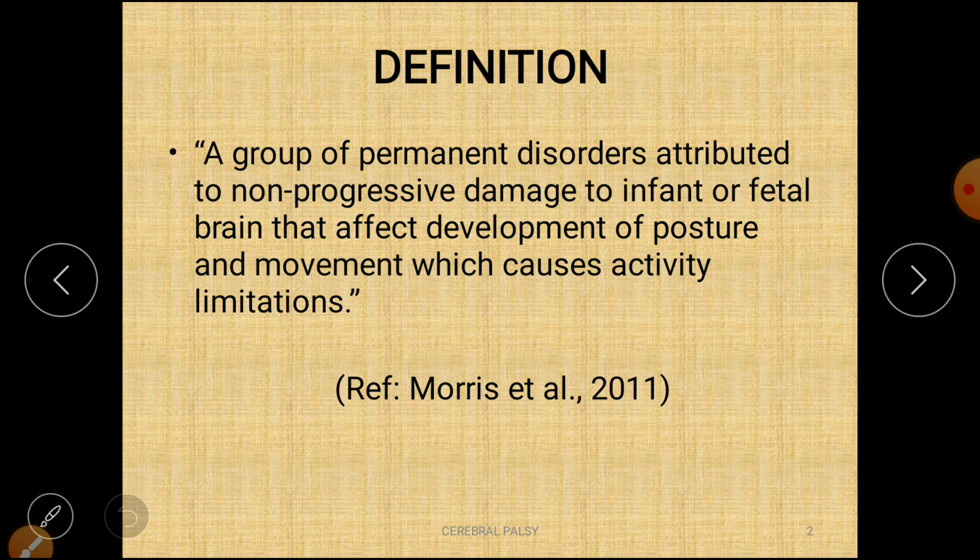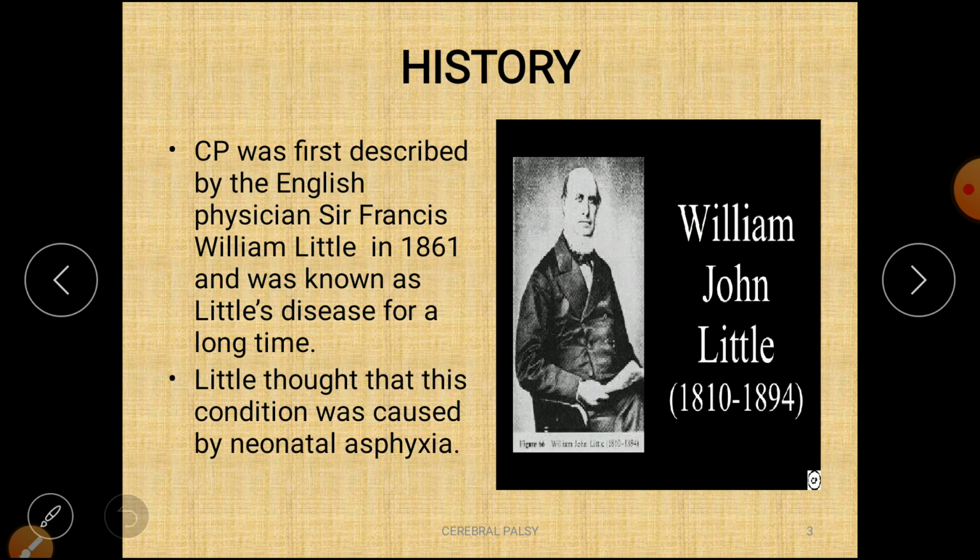So the definition is it is a group of permanent non-progressive disorders which damage the infant's or fetal brain and affect the developmental posture and movements. So this is about the definition of cerebral palsy.